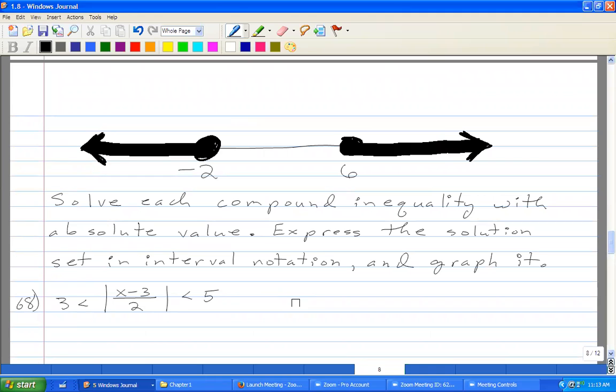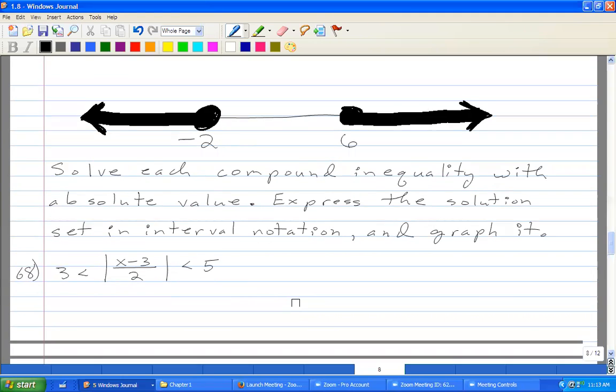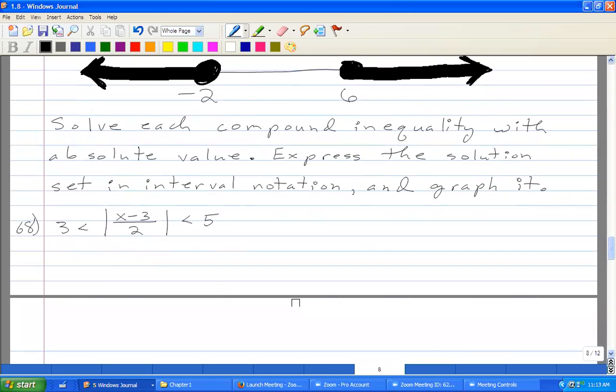So x minus 3 over 2 in absolute value is between 3 and 5. Well, in this case, let me get rid of the 2, the denominator, by multiplying every side of my inequality by 2. And so 3 times 2 is 6. The 2's cancel, so it's absolute value of x minus 3 is less than 10.